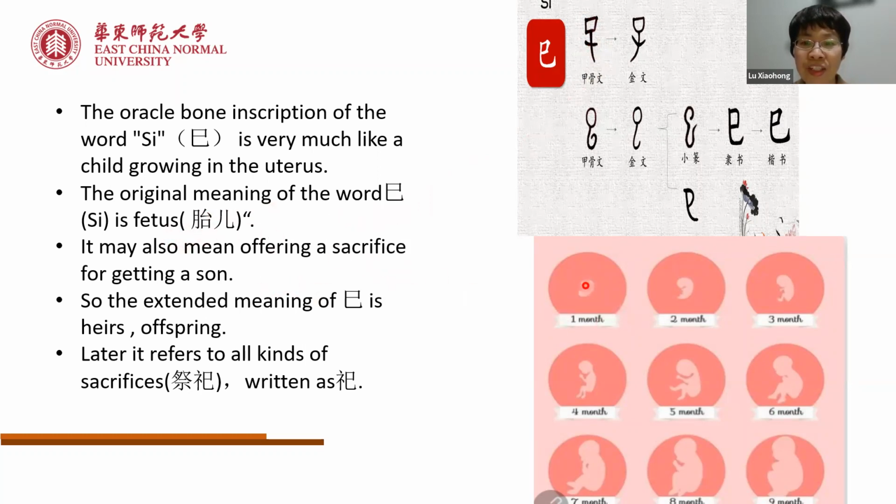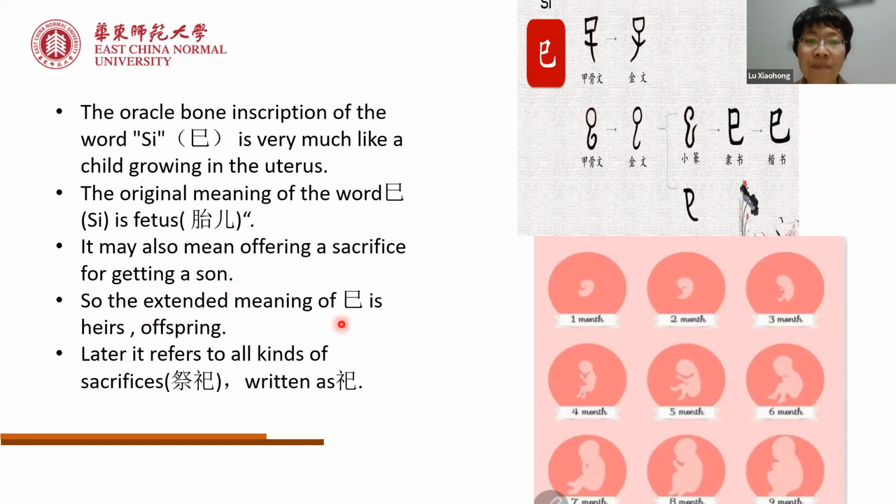We have just mentioned that 1 month is called Pei and 3 months is called Tai, and they can all be said to be a fetus. And then for Si, it's much bigger than a 3-month little baby. The original meaning of Si is fetus. It can also be used to mean offering a sacrifice for getting a son.